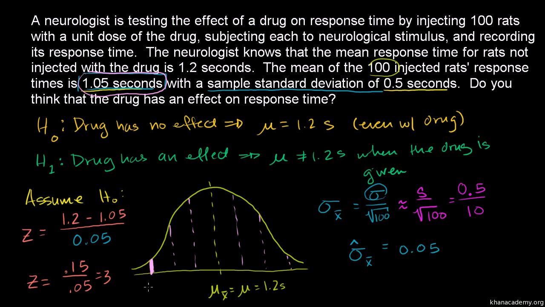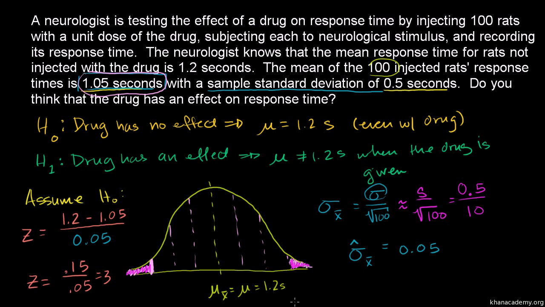Now, what is the probability of getting a result this extreme by chance? And when I talk about this extreme, it could be either a result less than this, or a result that extreme in the positive direction, more than 3 standard deviations. So if we think about the probability of getting a result more extreme than this result right over here, we're thinking about this area under the bell curve, both in the negative direction and in the positive direction.